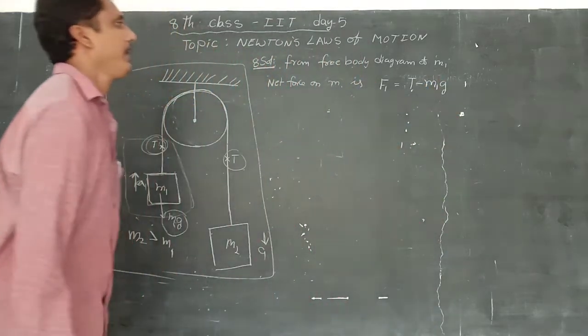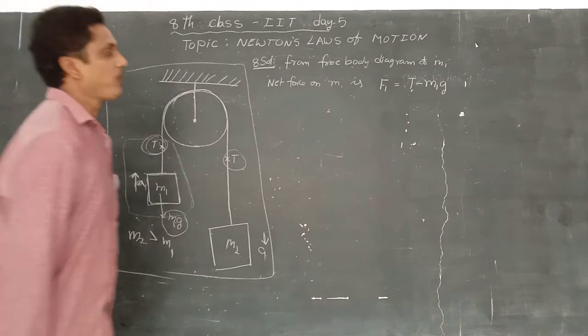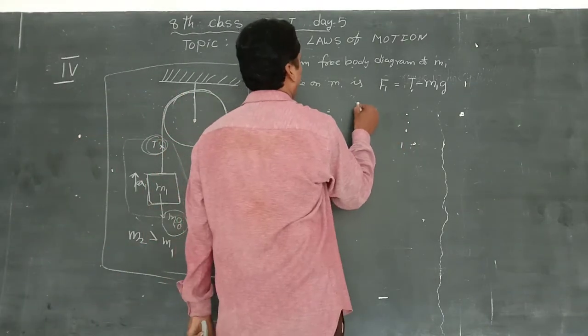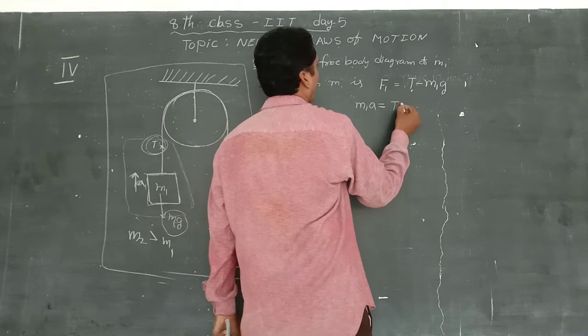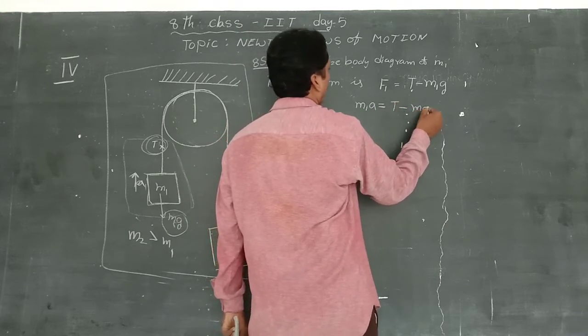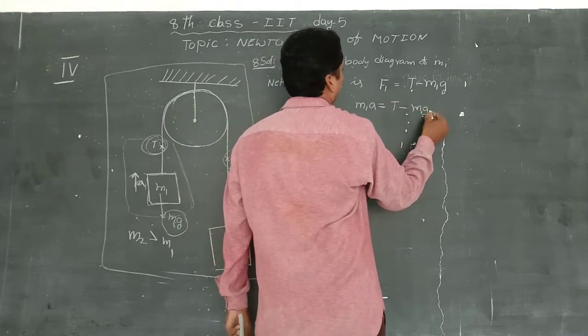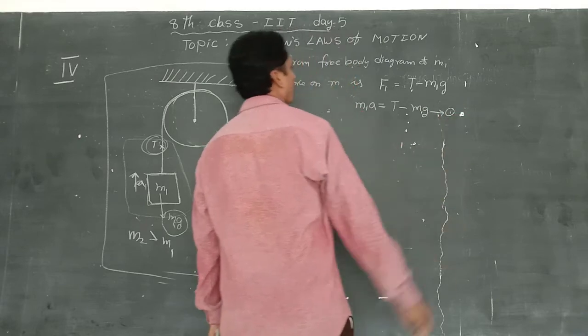This is the net force. F1 means M1 a is equal to T minus M1 g. Say equation 1.